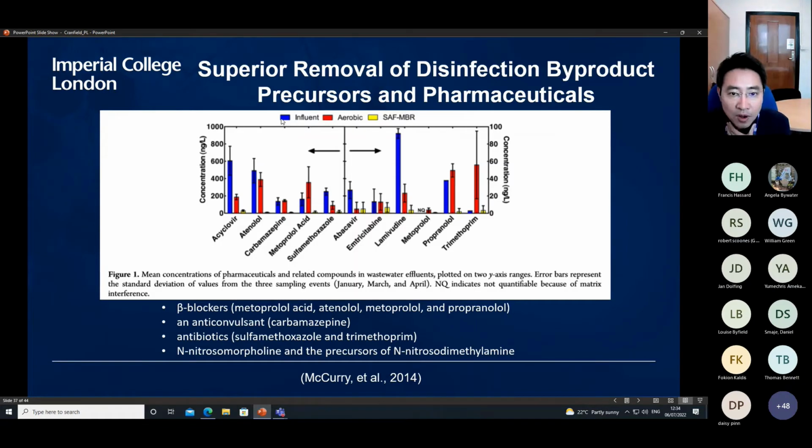The blue one is the influent. Then we have different pharmaceutical tests, and the full scale activated sludge systems compared with the pilot scale SAF-MBR. You can see that most of the pharmaceuticals were removed in the system.